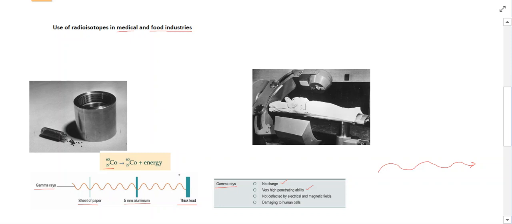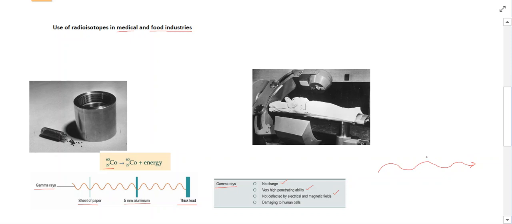It's very penetrating. It can just pass through material very easily. It's not deflected by electrical or magnetic fields. If you were to pass some gamma rays through a magnetic field or an electric field, it's not going to interact with that field. It's just going to pass straight through.